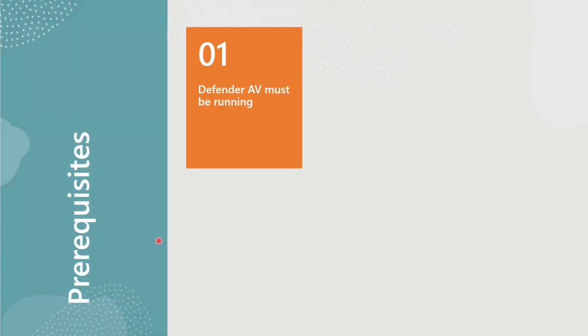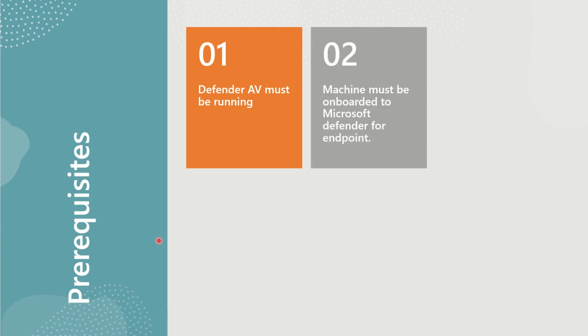Now let's talk about prerequisites. The very first prerequisite is Defender AV must be running. The machine must be onboarded to MDE so that you can track all the activities on the console of security.microsoft.com. Make sure you have onboarded the machine if you want to see data on Security Portal.